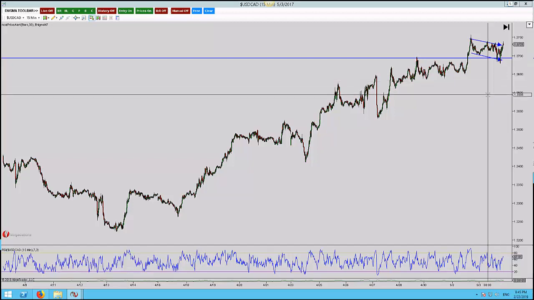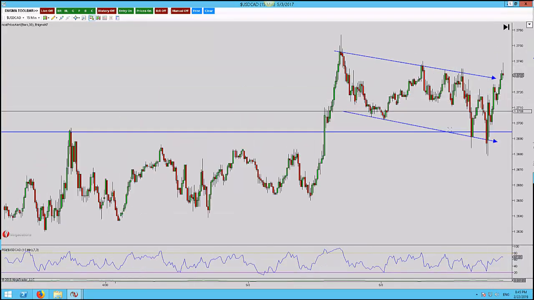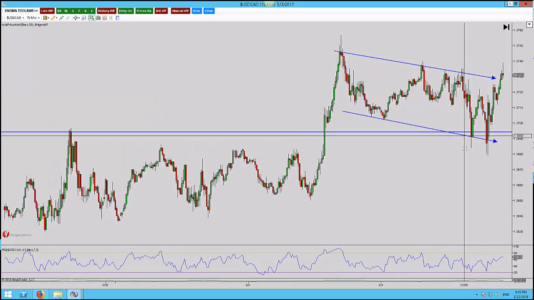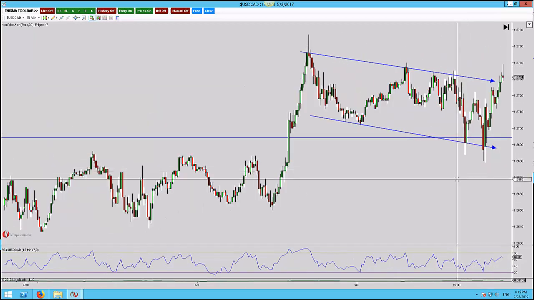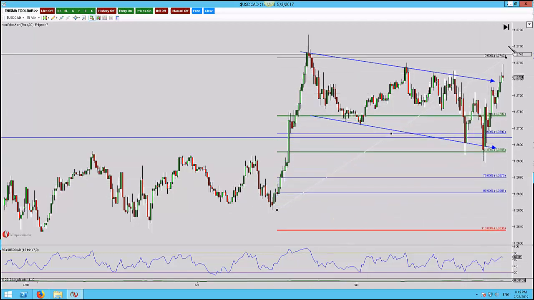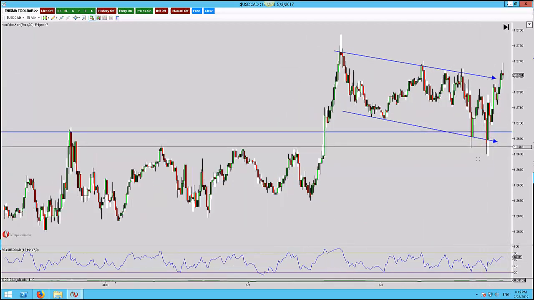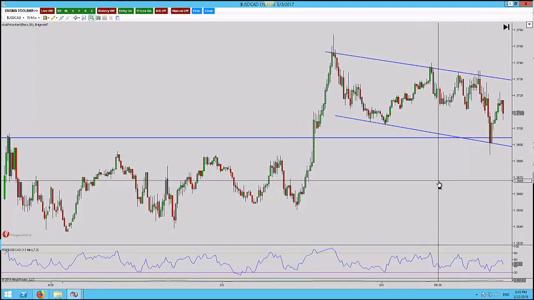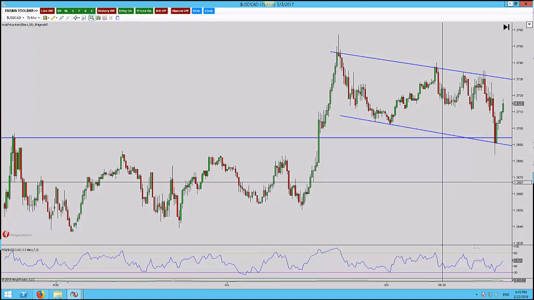We are oversold though on the dailies quite heavily. And we've come into that 61.8. Okay, I think the chart was around this area.